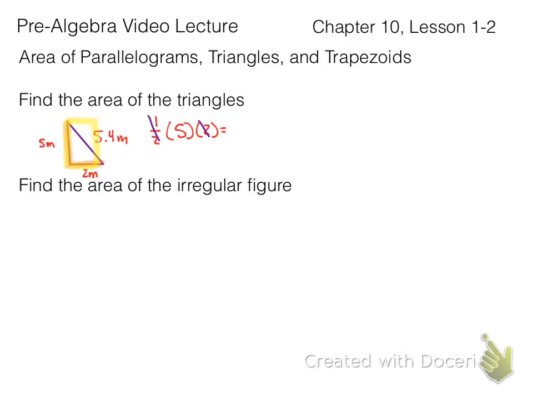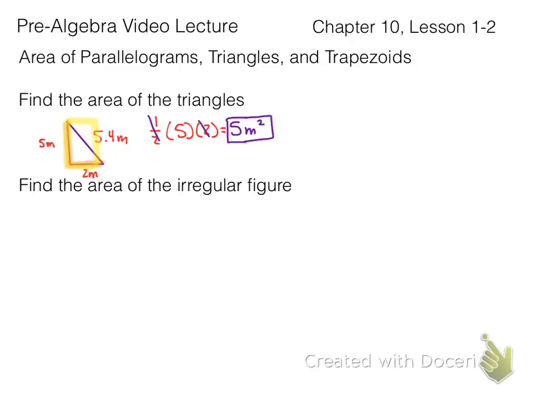But I only want half of it to get the triangle, so it's going to be 1/2 the base times the height. Well, the cool thing about halves is that if you ever have a 2 that you're multiplying by that half, they cancel into 1 and they just cancel out. So I crossed out the 1/2 and the 2, and that left me with the answer of 5 meters squared.